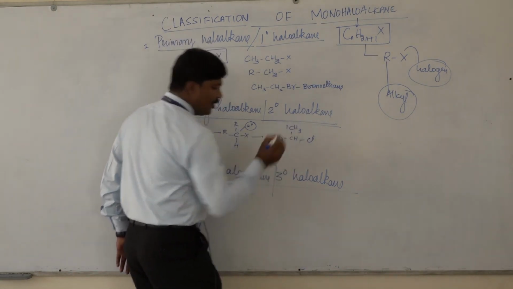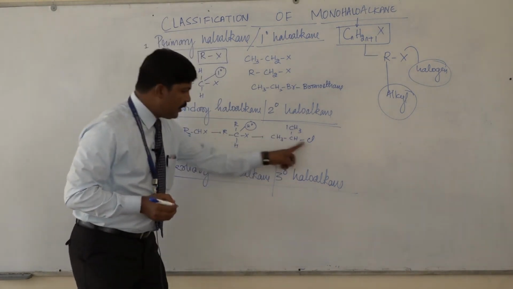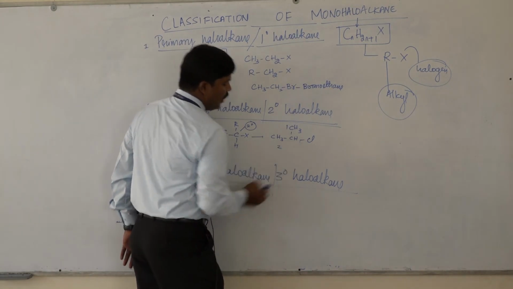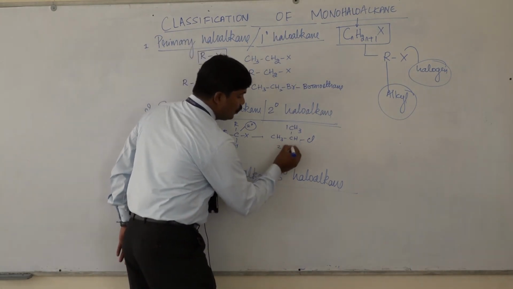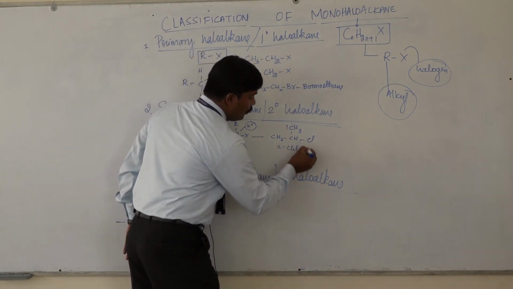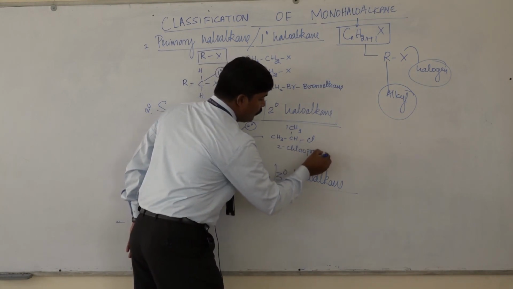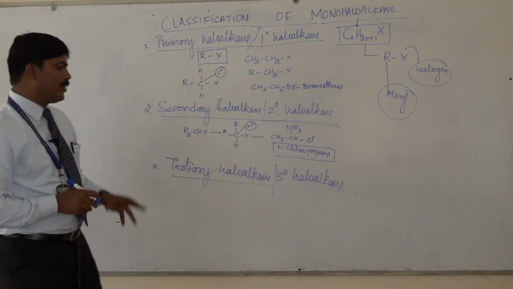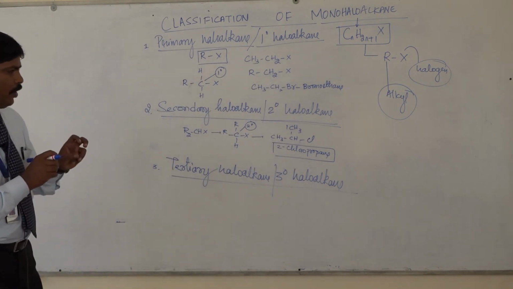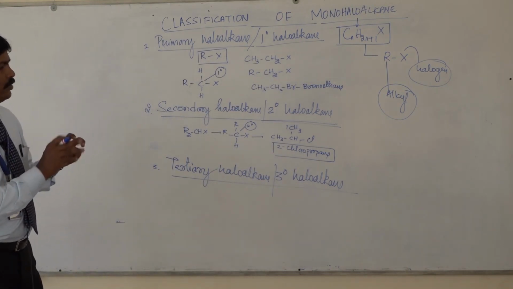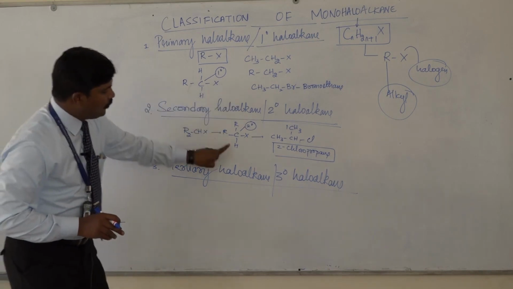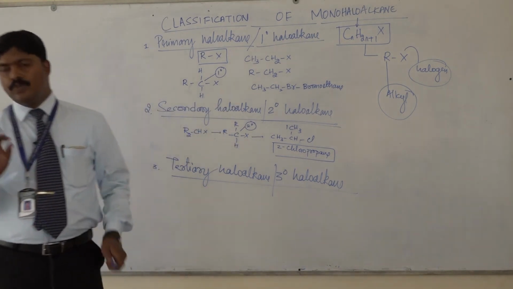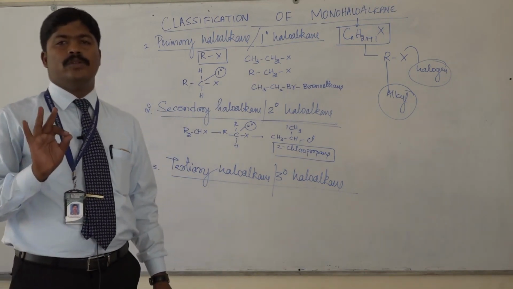Such a carbon is called a second degree carbon, and the halogen is bonded to it. Therefore, the name of this compound is 2-chloropropane. The identification is that the carbon bonded to the halogen has two methyl groups, two R groups, and one hydrogen. In other words, this carbon has only one replaceable hydrogen atom.